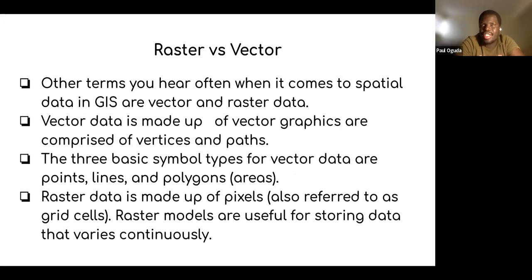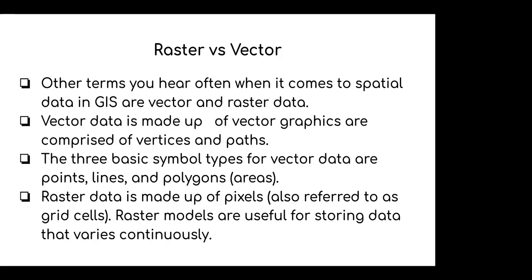Vector data is really simple. It's made up of vector graphics comprising vertices and paths. These work together to create points, multi-polygons, and all that. The 3 basic symbol types for vector data are points, lines, and polygons. Through this, you can create anything with the GIS.